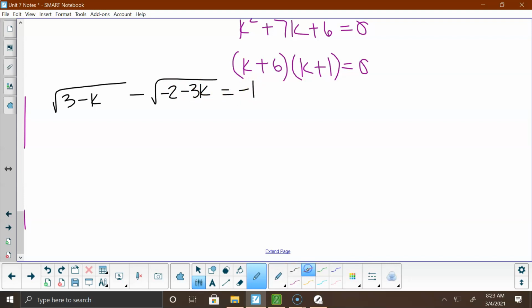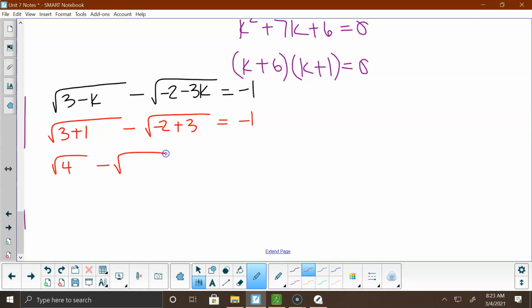We'll start by plugging in a negative 1 first. 3 plus 1 minus negative 2 plus 3. Does that work? Doesn't equal a negative 1. So, negative 1 so far is extraneous.